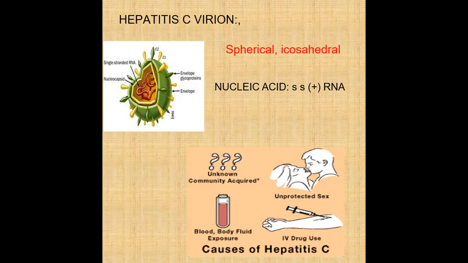The next common cause is unprotected sex. If you have sex with a person who is suffering from hepatitis C, then the chance of transmission is higher. Then there is unknown community-acquired infection, where you do not know whether a particular person has hepatitis.